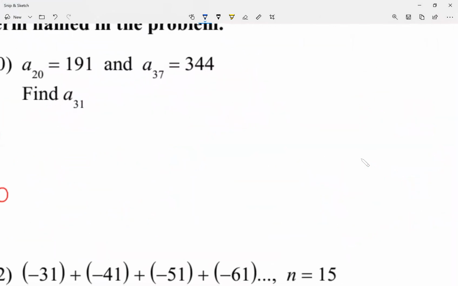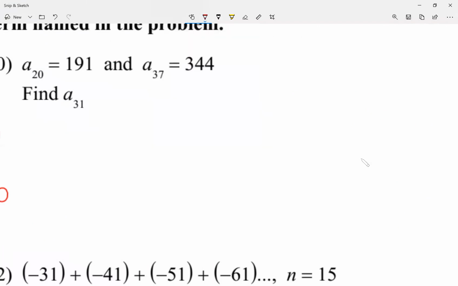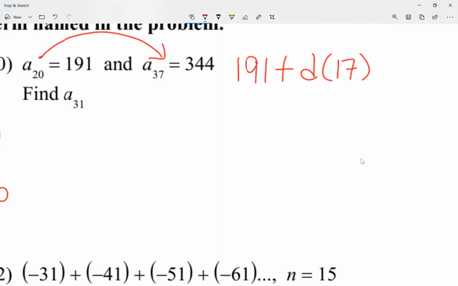All right, so let's take a look at question number 10. Now, I have the 20th number on the list, and I have the 37th number on the list. The one that comes first is the 20th number, so I'm going to use this to find the common difference. I start at 191, and I'm going to add the difference 17 times, from the 20th number to the 37th number.